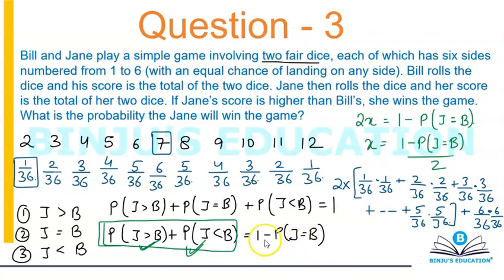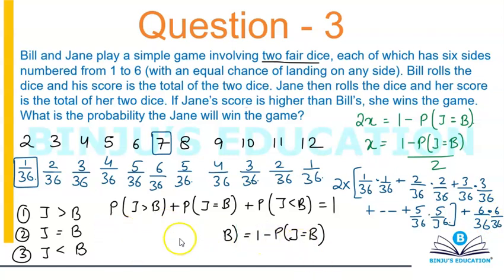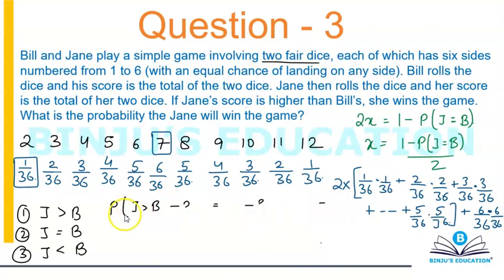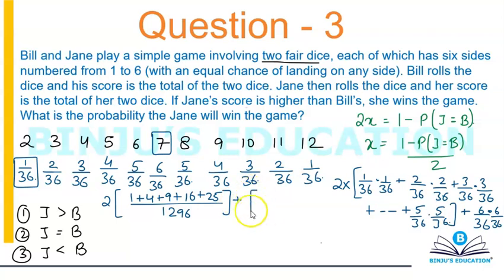So let me remove this because I need some space. I don't need this. Everyone have understood this concept. So this becomes 2 into 1 plus 4 plus 9 plus 16 plus 25 by 1296 plus 36 by 1296.